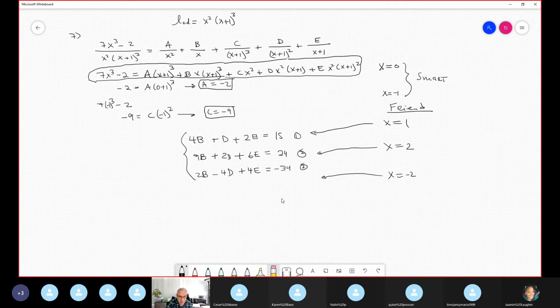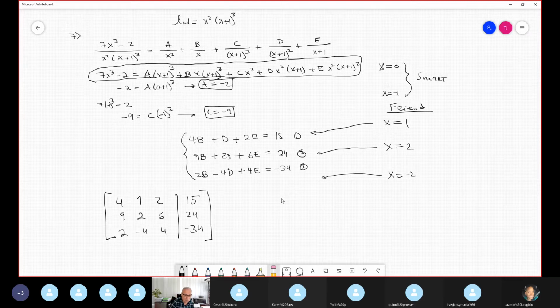How do you solve it? By matrices. You form the matrix: 4, 1, 2, 15; 9, 2, 6, 24; 0, -4, 4, -34.